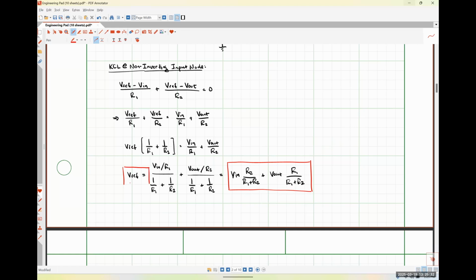Okay. So usually, when we've analyzed op-amp circuits and things like that in the past, we've always been interested in finding what our output voltage is. Because we've got a positive feedback system, we know our output voltage is either going to be VCC plus or VCC minus.